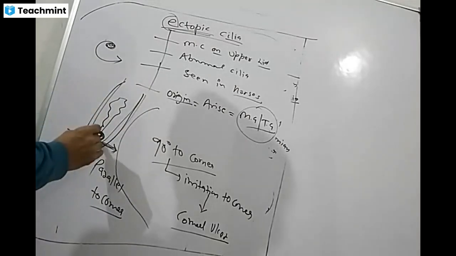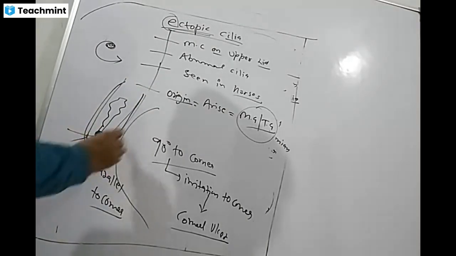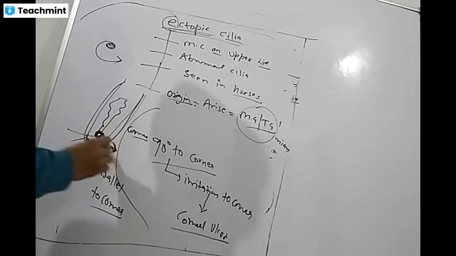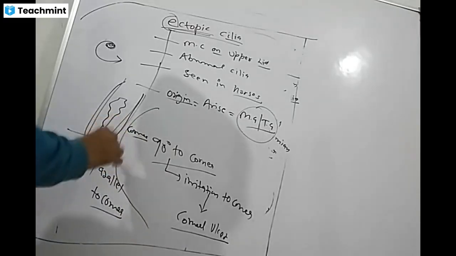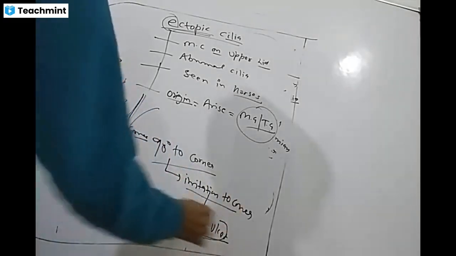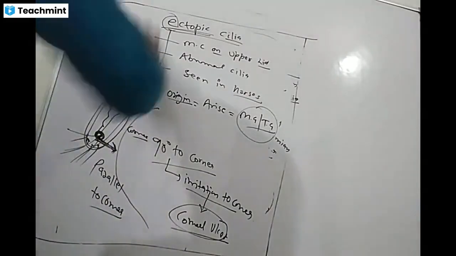So when they come out, first they emerge, they pierce this conjunctiva, and they move towards the cornea. And they irritate the cornea, rub the cornea. Because of irritation, corneal ulcer may happen. So they are more dangerous. So these are ectopic cilia.